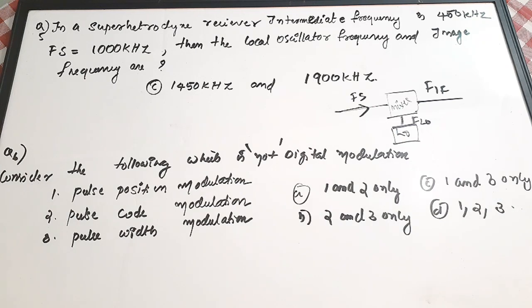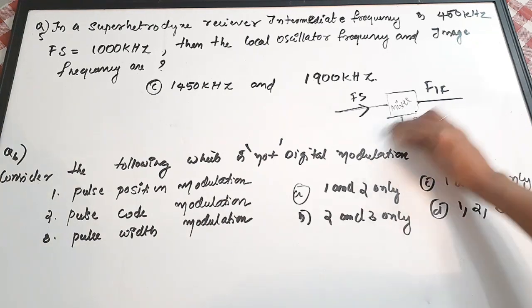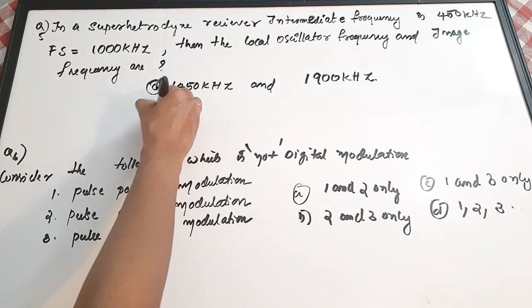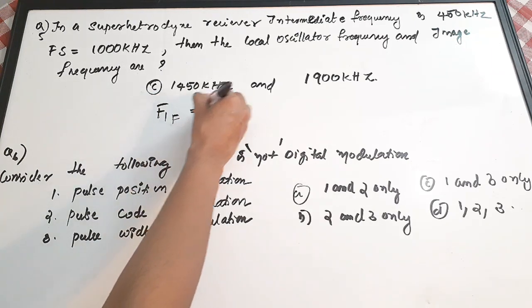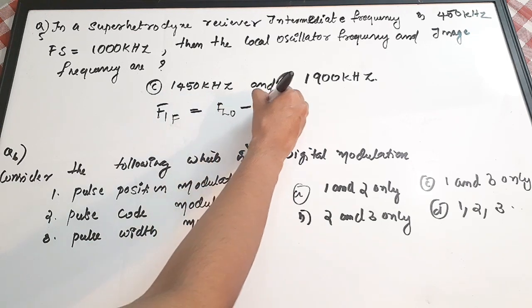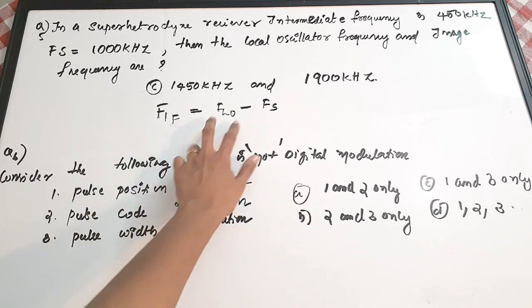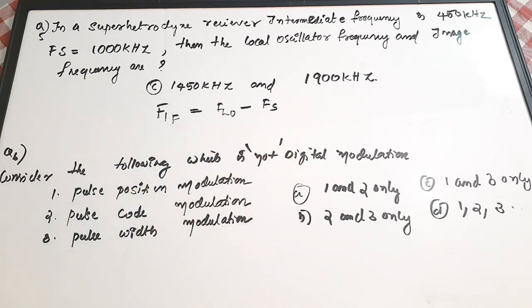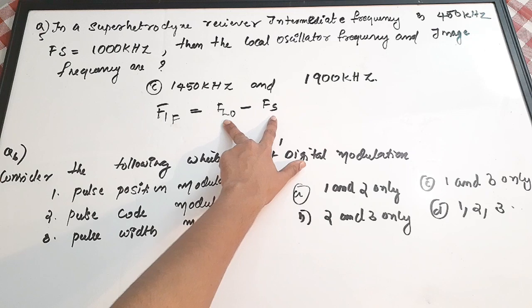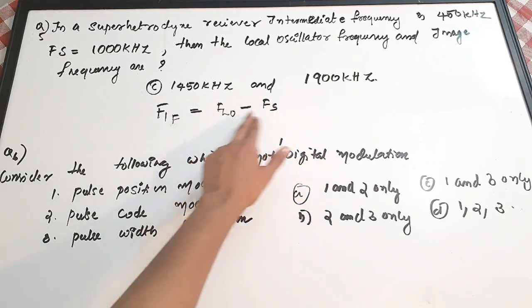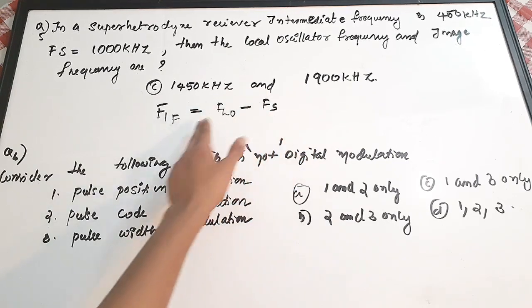Now, this intermediate frequency can be calculated using the equation FIF equals FLO minus Fs. The convention is that we compare these frequencies: if FLO is greater than FS, we take FLO minus FS, and if FS is greater than FLO, we take FS minus FLO.